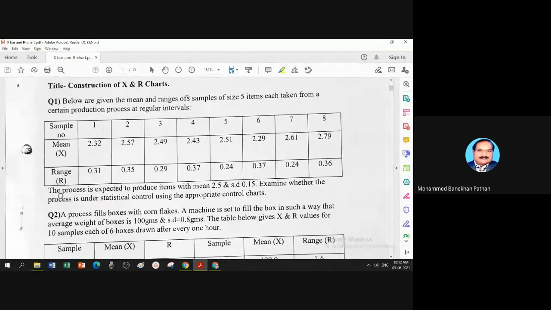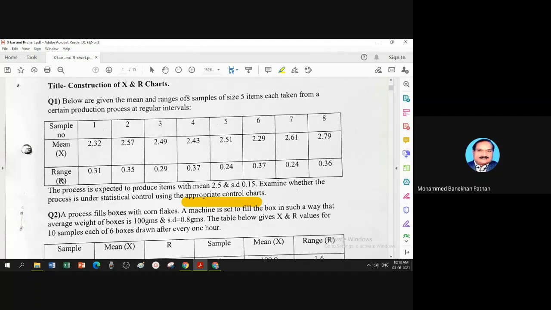Examine whether the process is under statistical control using appropriate control chart. Now the word appropriate is there because students should know, by using a data, what control chart is used. I told yesterday, when you have data for variable characteristics, firstly you have to control the variation, and once the process comes under control of variation, then you proceed for controlling the mean.